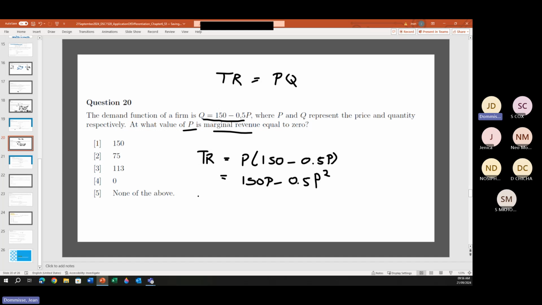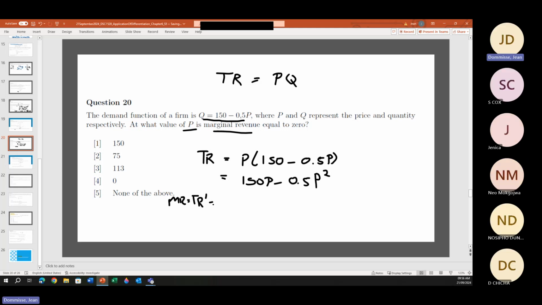So to get marginal revenue, we need to differentiate total revenue. So the power goes to the front, so it will be 150 minus, that goes to the front, so 0.5 times 2 is 1, P to the power 2 minus 1 becomes P. And they say at what value of P is the marginal revenue equal to 0.